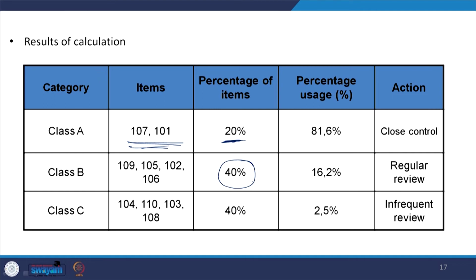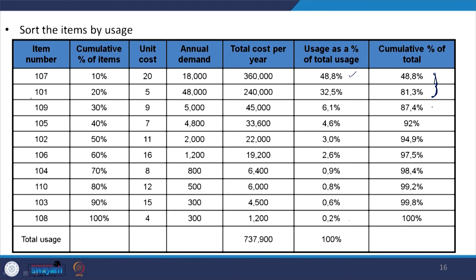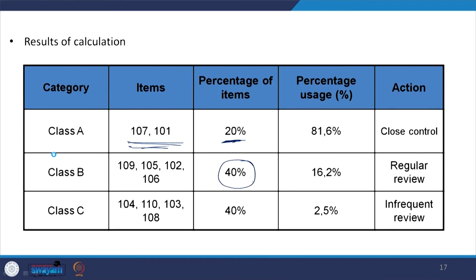So, 40% means 4 items can be classified as B type of items, and their uses should be between that percentage only. So, the next 4 items are 109, 105, 102, 106.